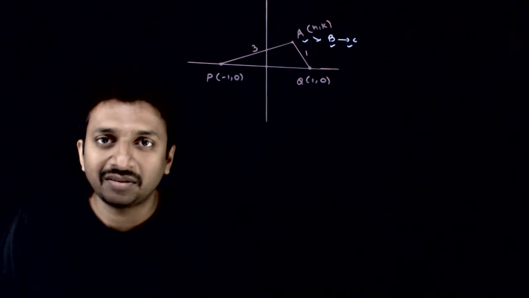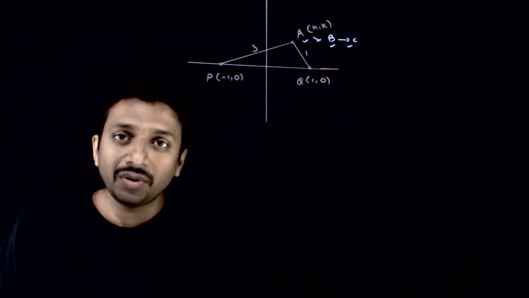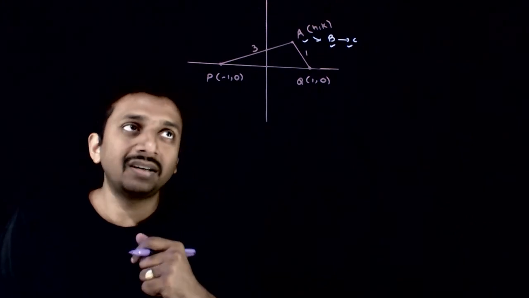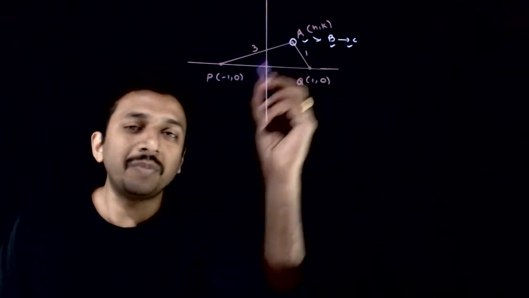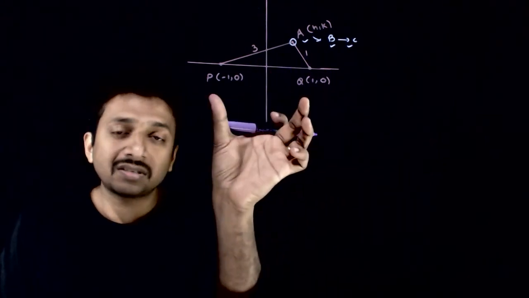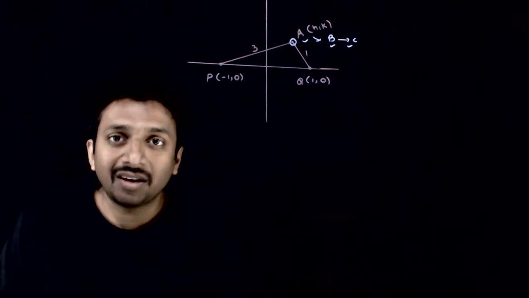That's the question. For this question I have a standard statement in my theory which says that the locus of a point which maintains a constant ratio of distances from two given points is a circle.